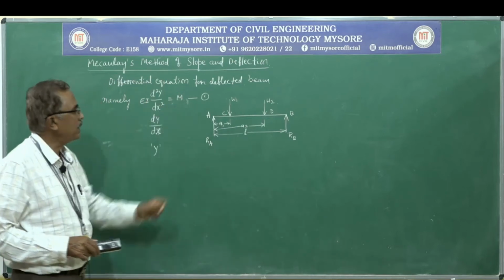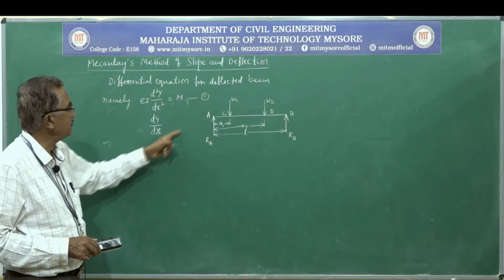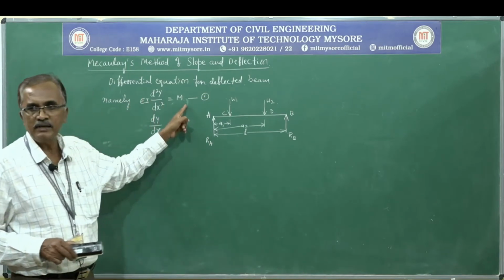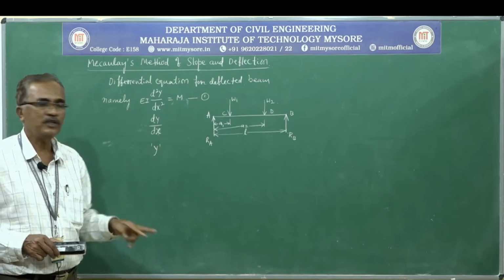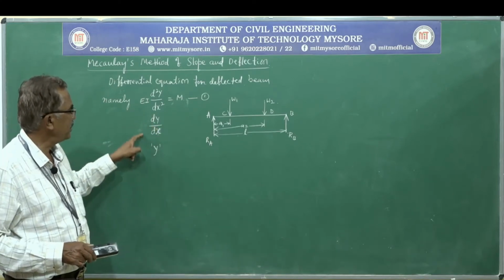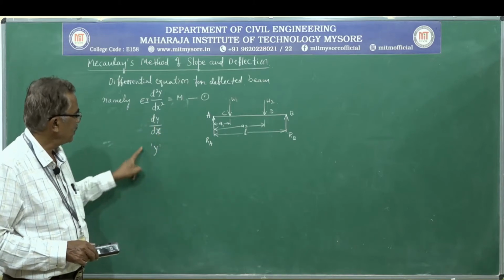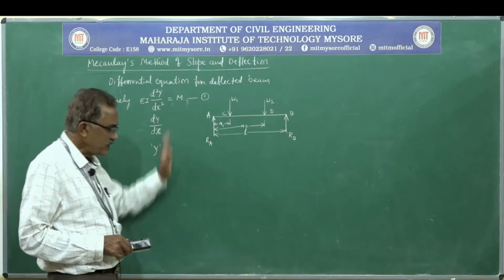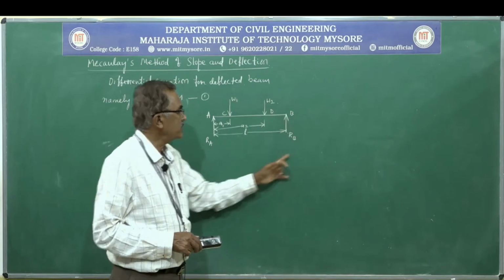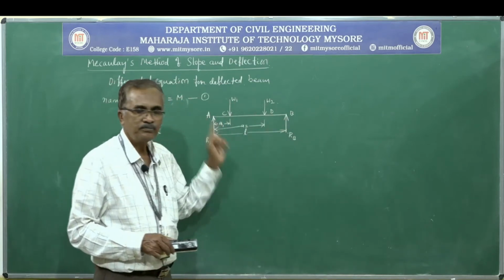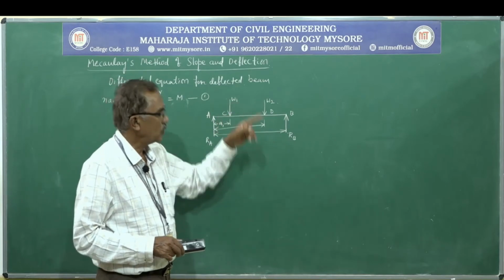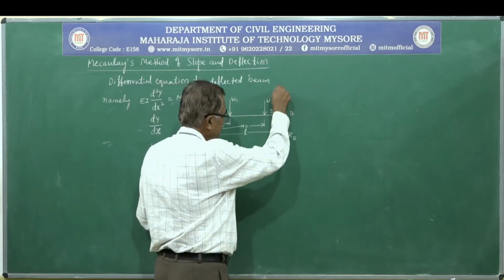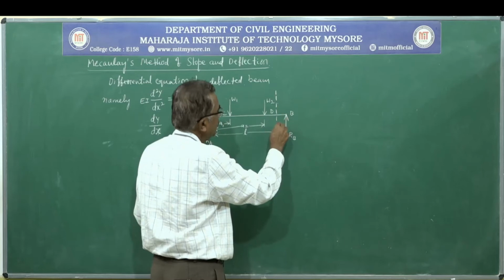To understand Macaulay's method, we have considered the differential equation for deflected beam, and we know that if you integrate equation 1 successively twice with respect to x, we get two more equations: one containing dy by dx, the slope equation, and the other containing y, the deflection equation. In Macaulay's method, we select the section in the last segment.